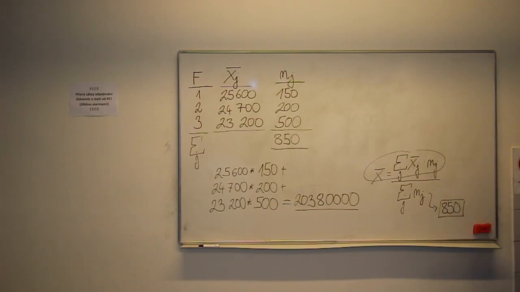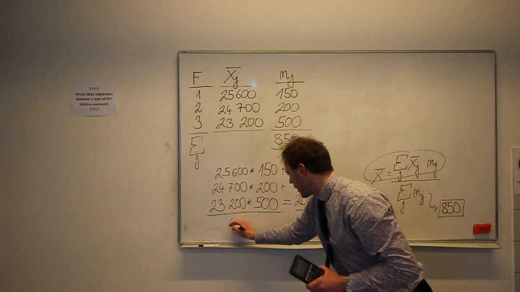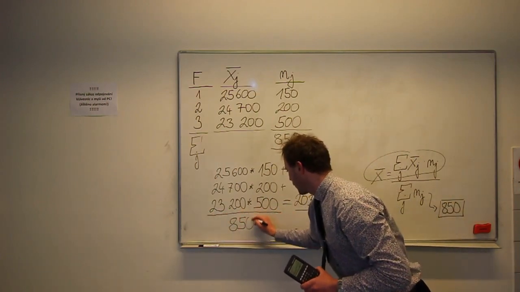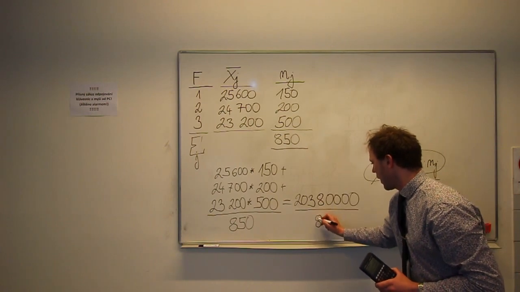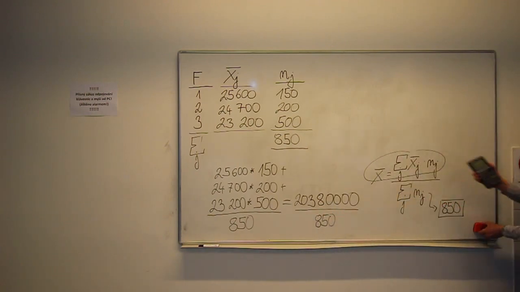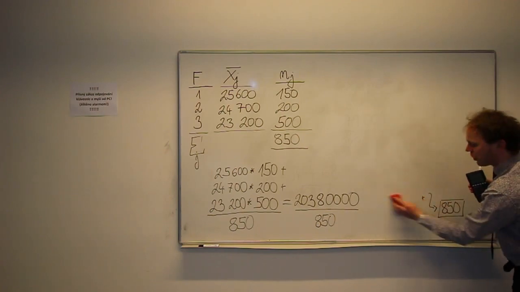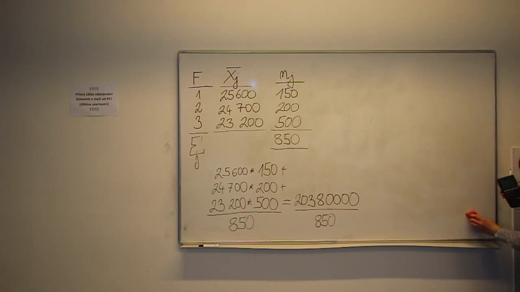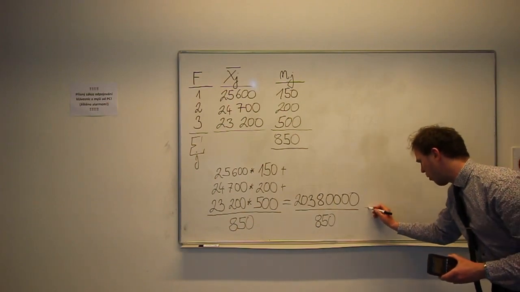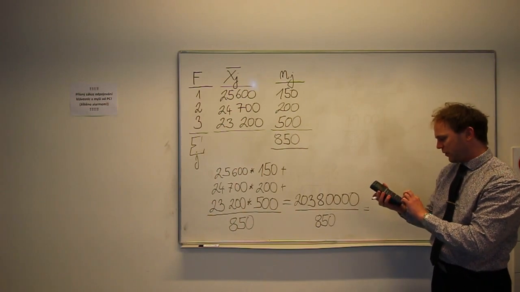If we calculate this divided by 850, we have the total mean, the total average in the sugar industry.